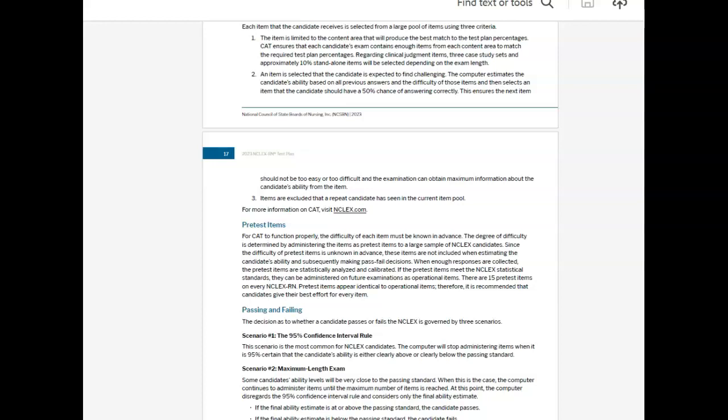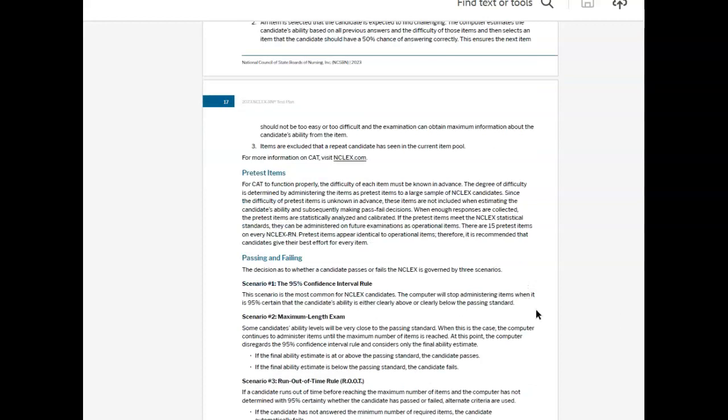And then the difficulty of those items is unknown in advance, and they're not included when estimating the candidate's ability. When enough responses are collected, the pre-test items are statistically analyzed and calibrated. And then it can move on to the test. There are 15 pre-test items on every NCLEX. So the first 15 questions will be pre-test items.